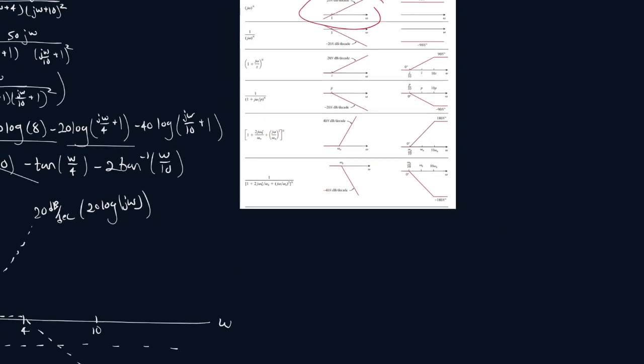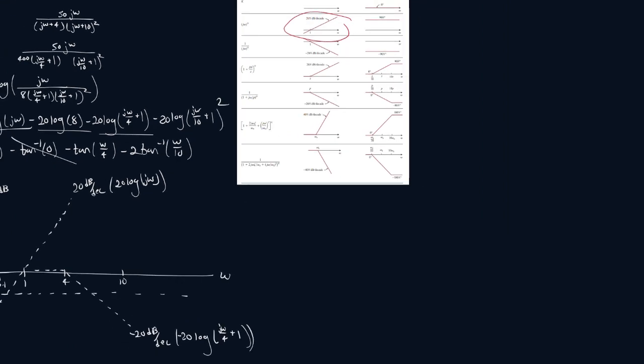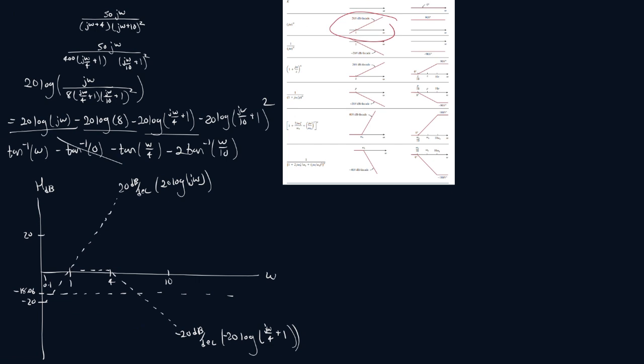The power in this case is 2, because remember it was minus 20 log of all of that to the power of 2. So it's going to be the following. This is going to be minus 40 decibels per decade, and we can put minus 40 log of JW over 10 plus 1 here.